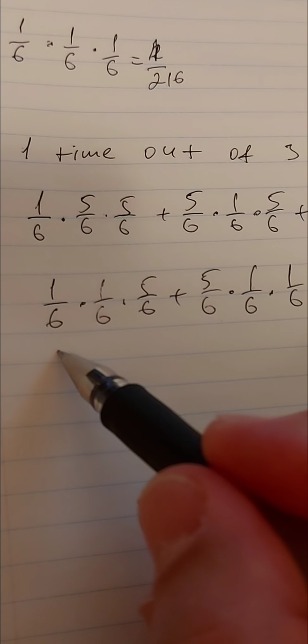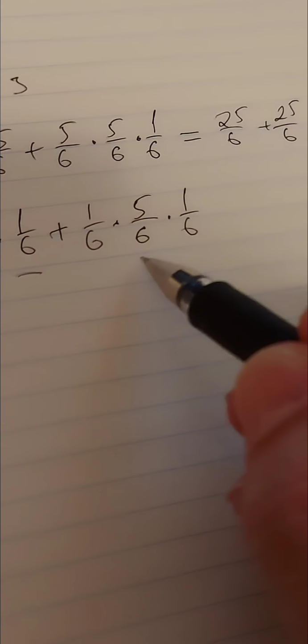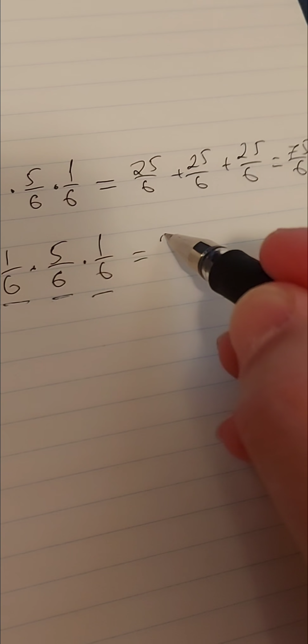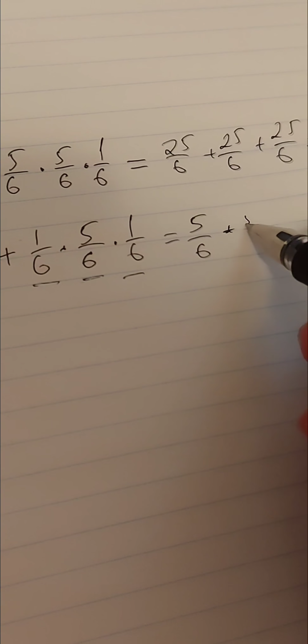So this is we roll 6, 6 and a different number; this is we roll a different number and then 6 and 6; and this is 6, a different number, and 6. So we have 5 out of 216 plus 5 out of 216 plus 5 out of 216, and this is 15 out of 216, right?